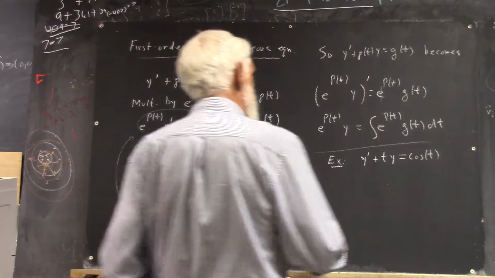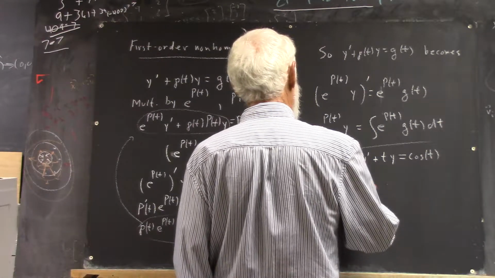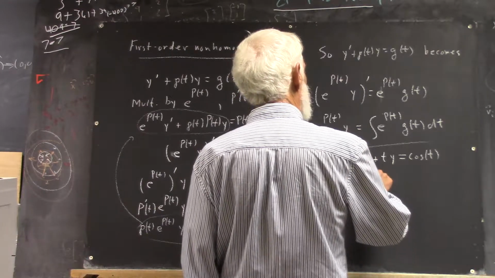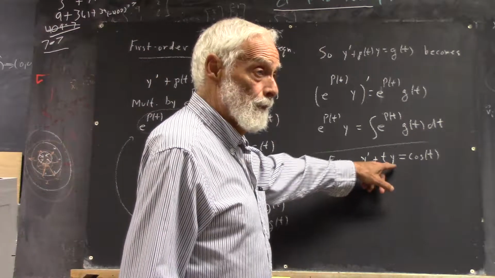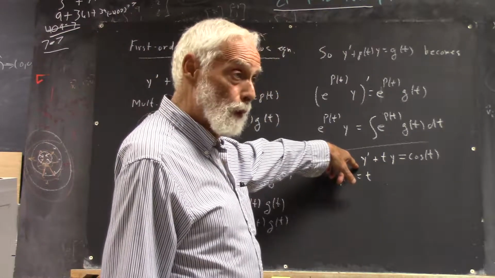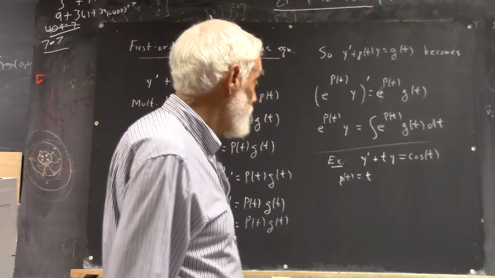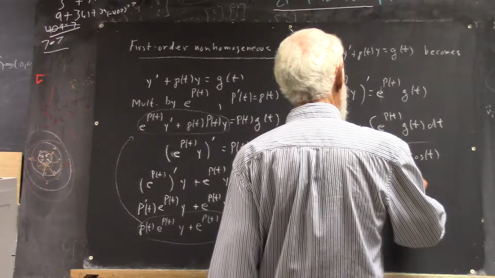So little p of t is just t, because little p of t is whatever's in front of y, when you have just a 1 in front of your y prime and your g of t function is over here. Okay? So what are you going to use for big P of t?